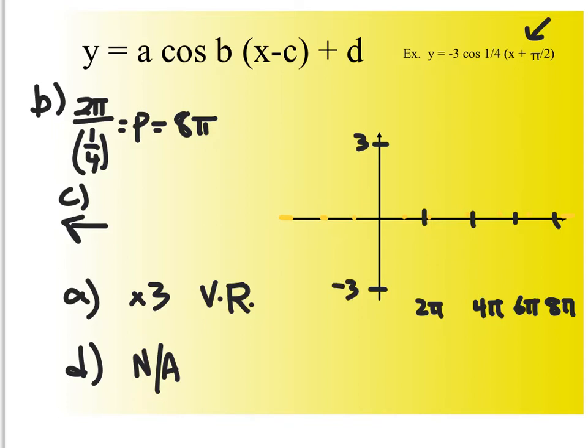Now be aware that we're going to shift left pi over 2 units. Pi over 2 units is a very small shift, right? Because if this is 2 pi, then this is pi, then this right here is pi over 2 and 3 pi over 2. So it's a very small shift to the left. So our graph, if I wouldn't have had that shift, let's ignore that shift for a second, would have looked like this. Why is it upside down? Because of the negative in front of the 3.